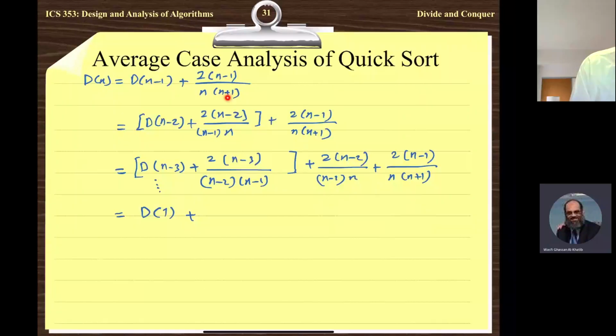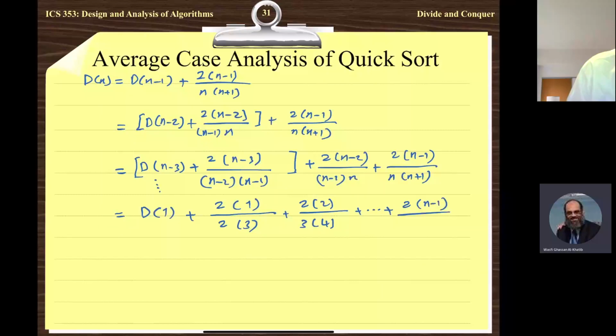D(n-1), 2(n-1) over n times (n+1); this is 2(n-2) over (n-1) times n; this is 2(n-3) over (n-2) times (n-1). Then D(1), 2 times 1 over 2 multiplied by 3, plus 2 times 2 over 3 times 4, plus, and we continue until we reach twice (n-1) over n times (n+1).